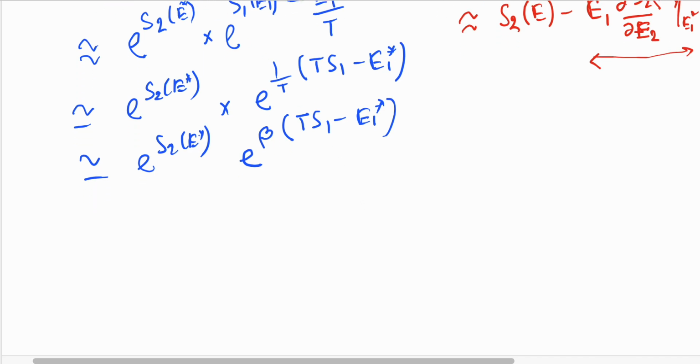Now this quantity is called the free energy, the Helmholtz free energy.